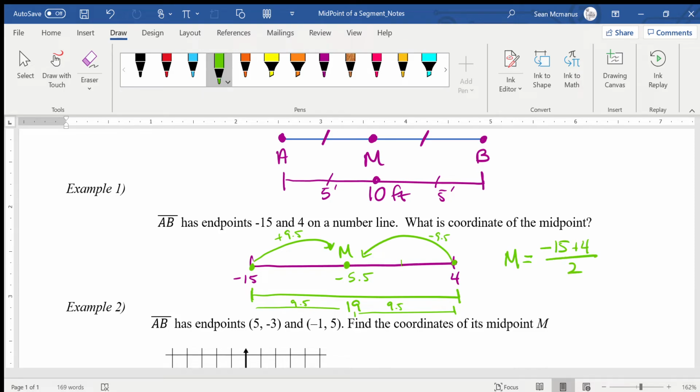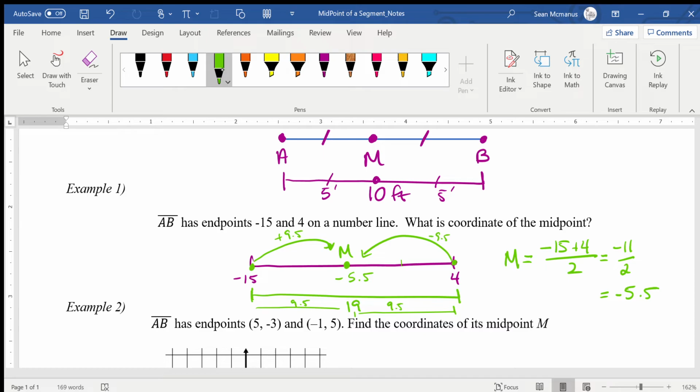That'll tell me what's in the middle. So if I add those up, I get -11. And then when I divide by 2, I'll see that the midpoint M is at -5.5.